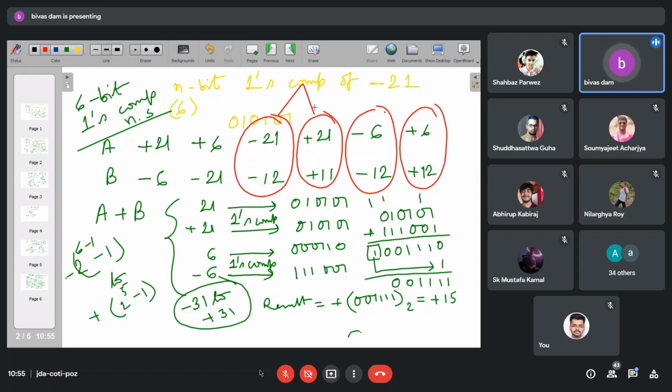Now, how will you find out whether there is an overflow or not? What is the indicator that the operation has resulted in an overflow?